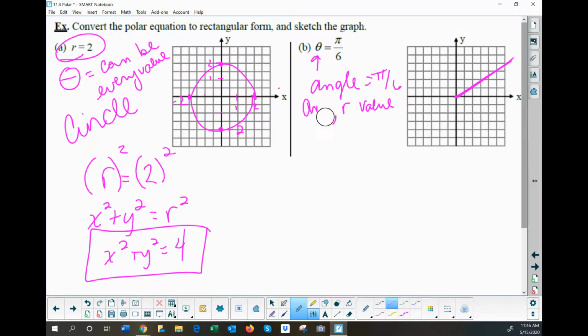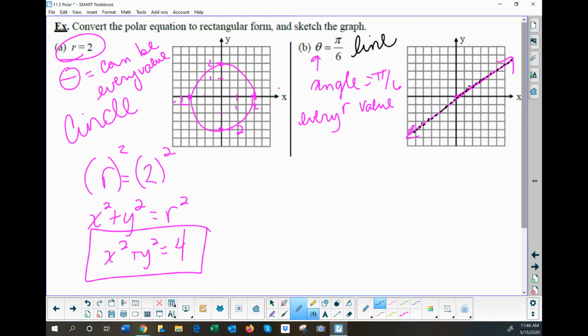Actually, rather than any, maybe I should say more specifically, every r value. So that I get a set of points, r distance away from that origin, and some negative r's. And if I densely packed it with all the r's that are out there, it would fill in as a line, wouldn't it? So we know this is a line.